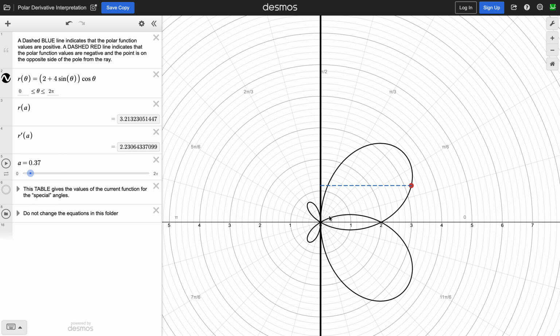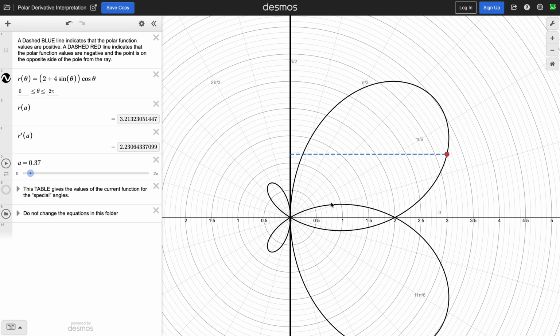Notice how, because my values are the same signs, we are moving away from the y-axis. But then once we hit a sign change here, we're getting closer to the y-axis now.